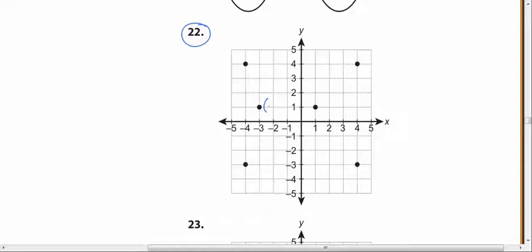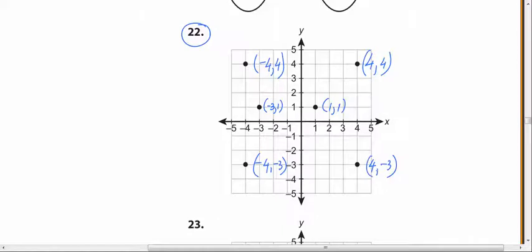For each point, you're going to identify the x and y. This is -3 and 1, right? This is 1 and 1. This is 4 and 4. This point here will be -4 and 4. Down here we have -4 and -3. And last one, 4 and -3.